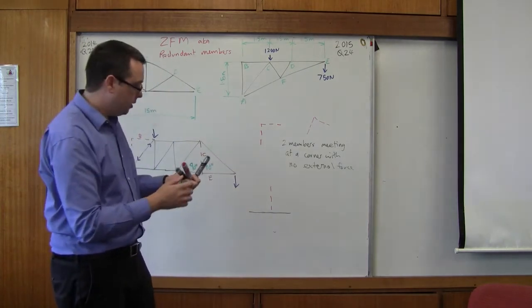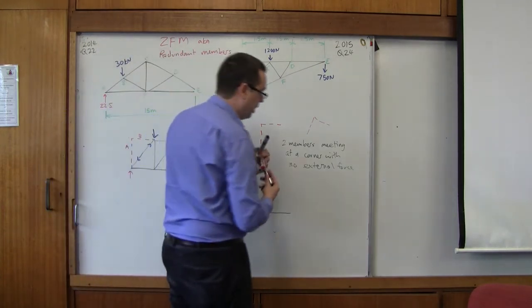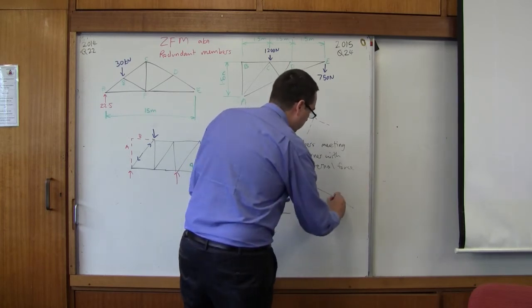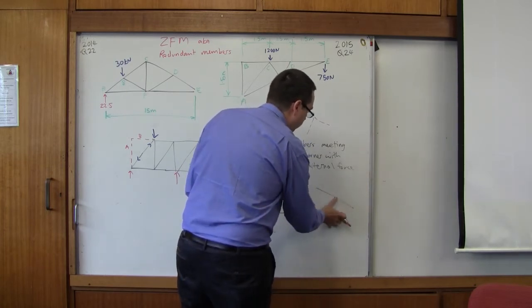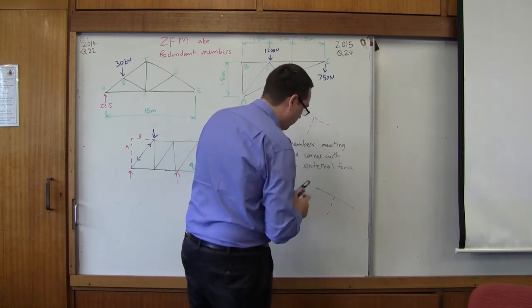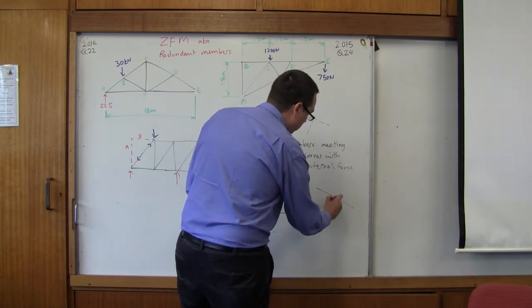Now, it doesn't matter if the thing is on an angle. Again, if I have something like this, I'll even stretch that out a little bit more. Actually looks worse.